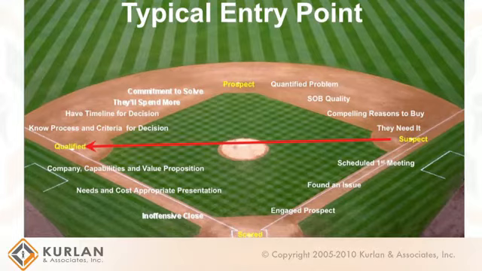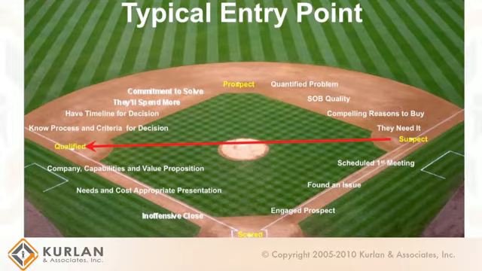And it just so happens that the very thing your salespeople are best at, the very thing they're most comfortable doing, the very thing they look forward to, that they think differentiates them from everybody else, is their ability to talk about the company, its capabilities, the value proposition, make a presentation, and do a proposal. That's the easy part.